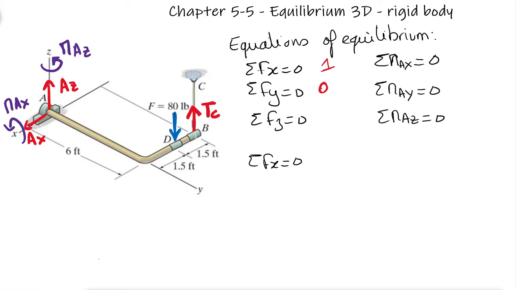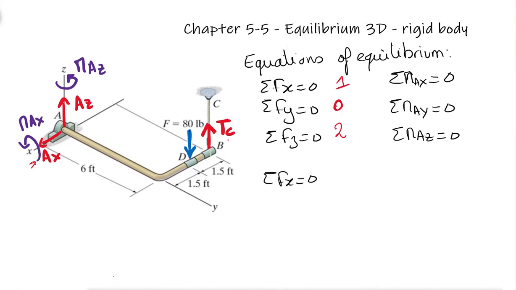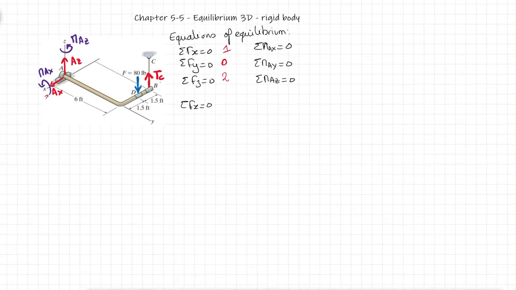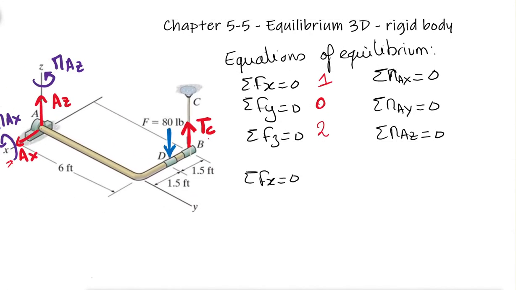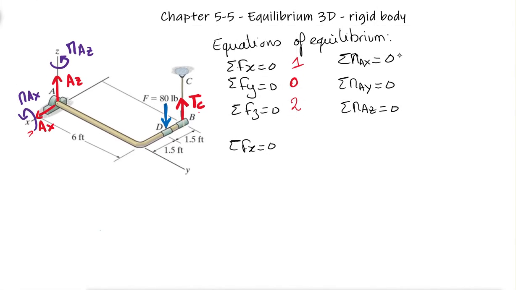We hope we don't have one more equation that is 0 is equal to 0. On Z, we have AZ and TC that are unknown, so 2 unknowns. Moment about X: MAX, that is this rotation, so we have this unknown, and we have TC also that creates a rotation about X. So that's 2 unknowns.